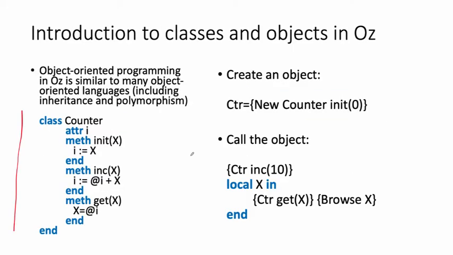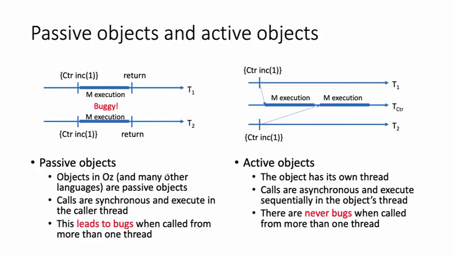What you call objects, up to now, everywhere, in all your courses from last year and so on, we now call passive objects. The reason is that they don't have a thread inside. Objects in Oz and many other languages are passive because when you call them from a thread, it's the calling thread that goes into the code.